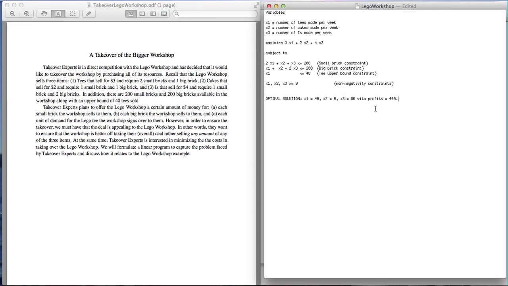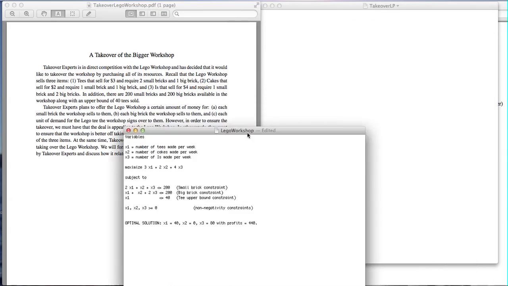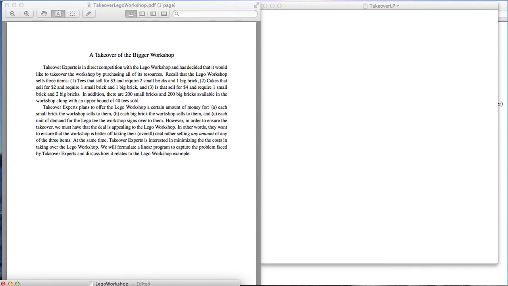So we'll have to capture that aspect of this decision-making environment as a constraint in the linear programming representation of the Takeover problem. For now, we're going to temporarily drop the Lego Workshop example and start working with the Takeover linear program.